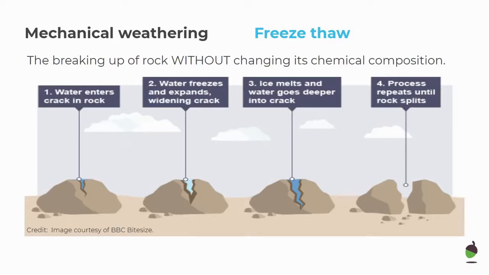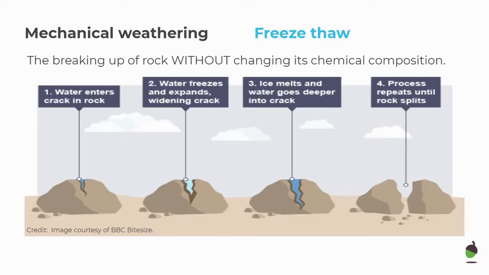If we look at these diagrams, we would have water entering the cracks in the rock. So as it rains, the water goes into the cracks. Overnight, when it's colder, this water can freeze, and as it freezes, it can expand, and that expansion will create pressure on that crack, creating a wider crack.